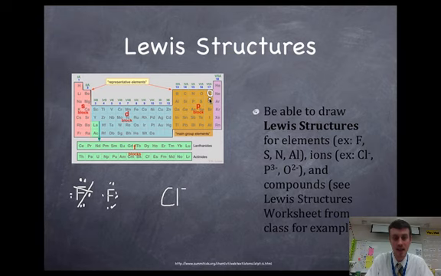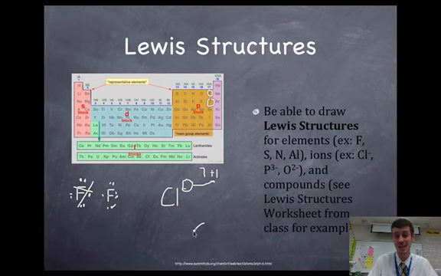Chlorine has 7 valence electrons, plus the one I get from my negative charge, so instead of 7 around its structure, it's going to have 8. For any negative ion, or anion, that's what you're going to see, because the point of an ion is to get to that octet rule and a full valence shell. So that's what you need to be able to do for those. Obviously, one of my dots didn't show up.